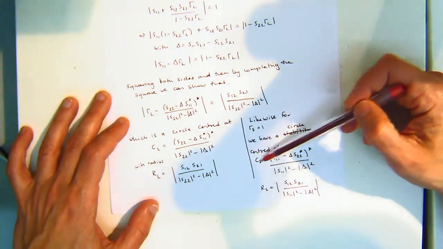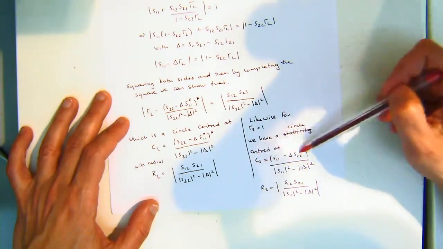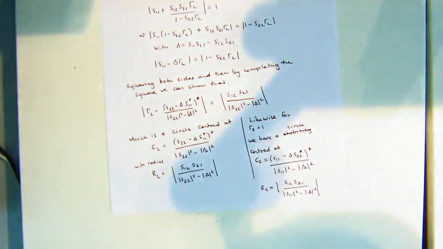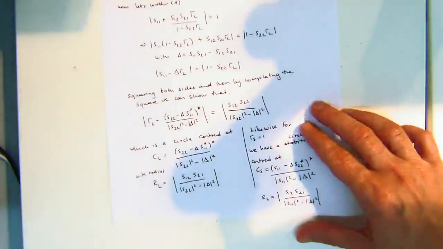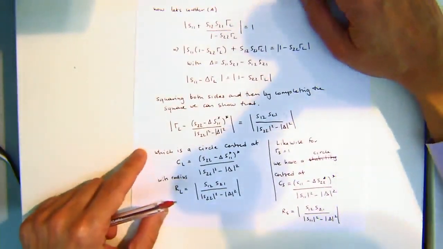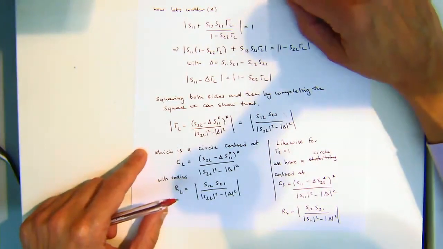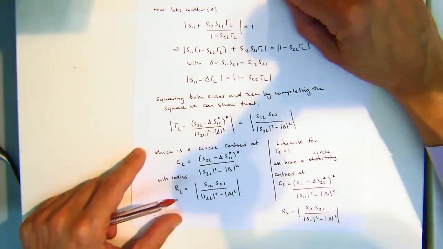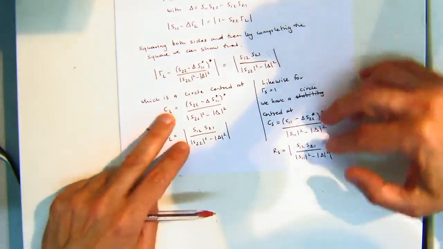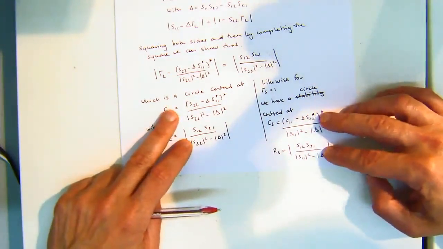That circle is centered around this point, CS, and it has the following radius. Now, so far I've said that the system is stable when these two values are strictly less than 1. What we've determined so far is the values for which this quantity is equal to 1.